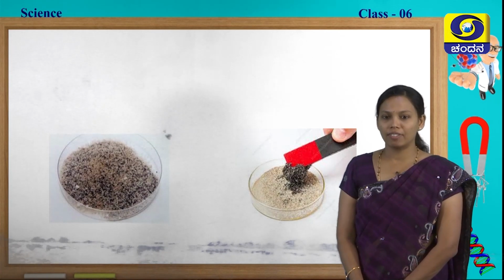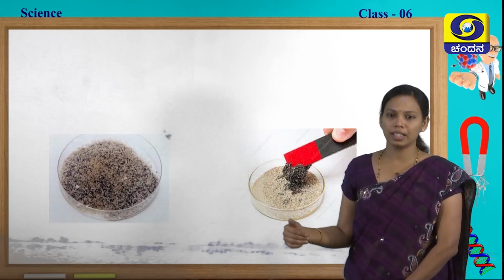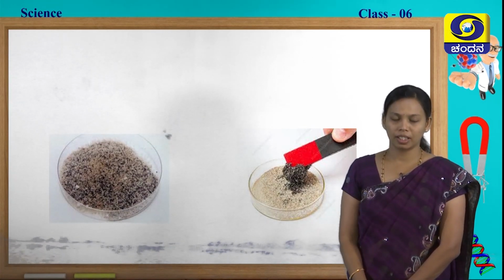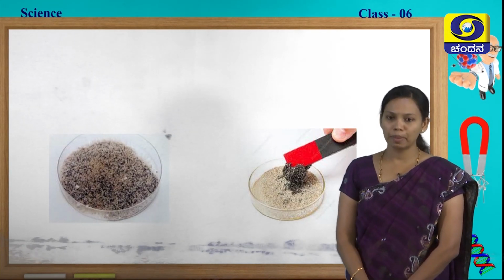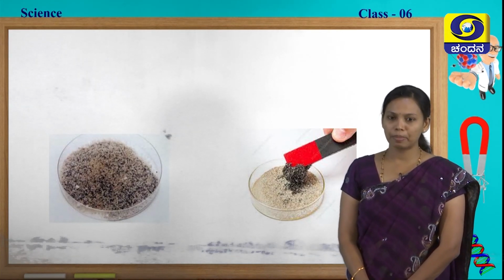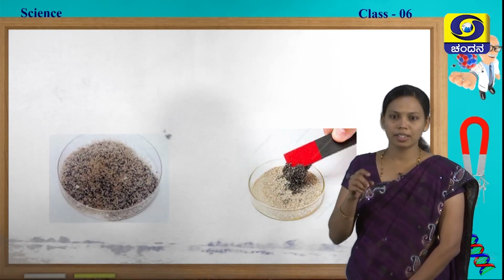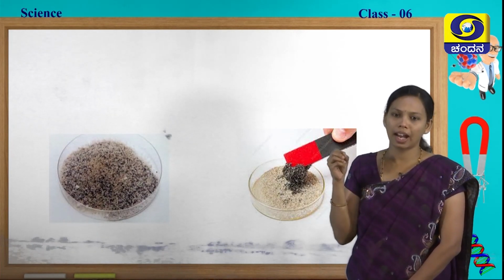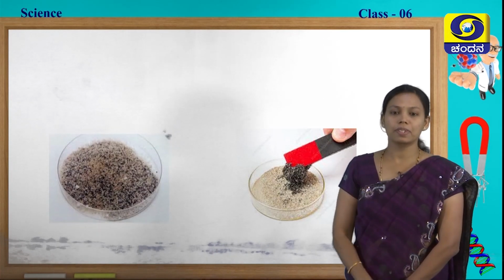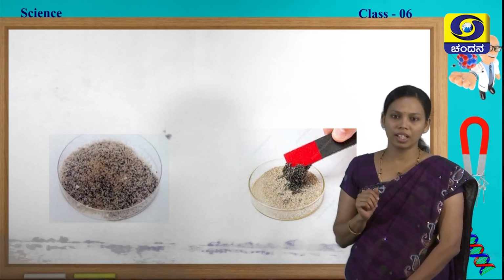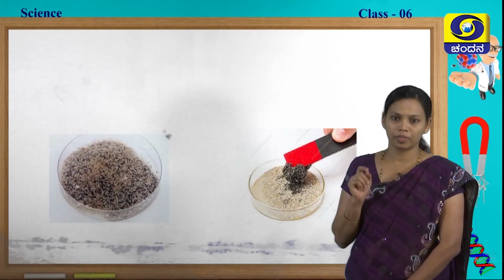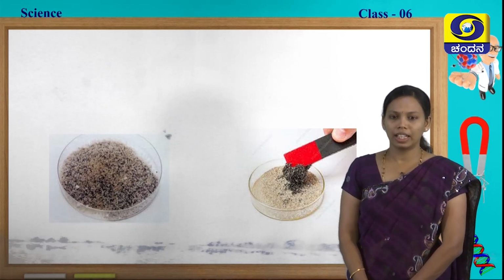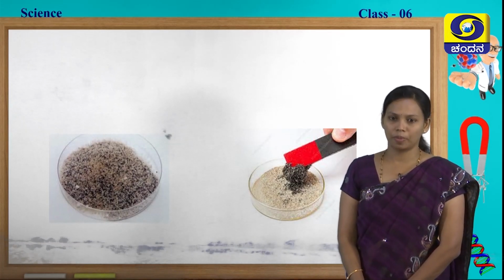So far we have learnt many separating methods. Once more, we shall revise them. The first one is the hand picking method. In the hand picking method, we separate the substances by picking by hand. In that case, the substances must be large enough so that we can hold them. After that, we learnt about threshing.